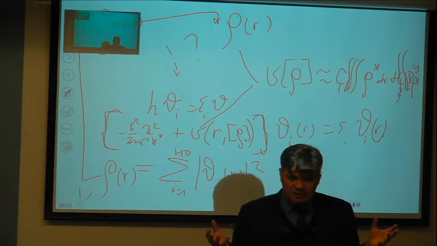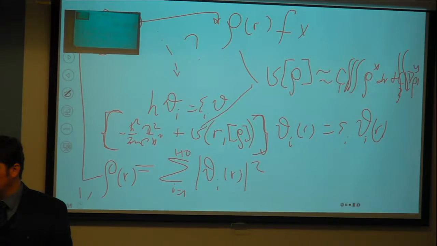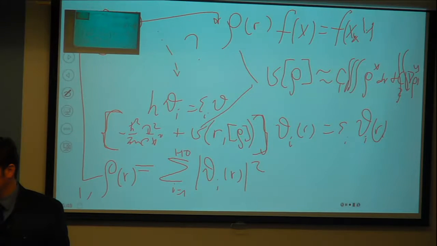So in Taylor expansion, you have f of x equals f of x0, plus f prime of x0 times delta x, right?